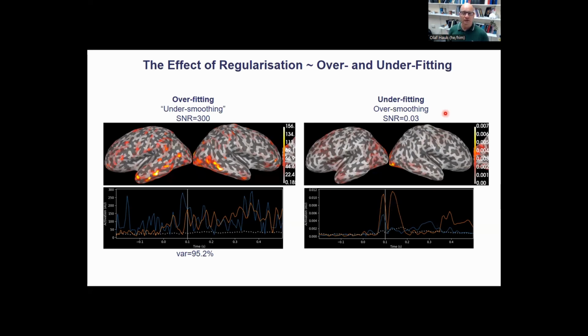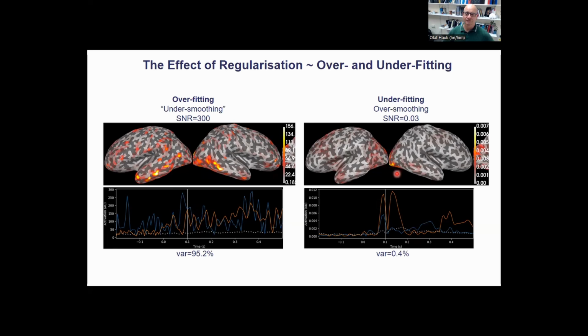But at least, let's maybe just finish this. So here we explained clearly more variance, 95.2% across the whole data set. I'm pretty sure at the peak we would have explained almost 100%. But now we are explaining most of the variance in our data, even though we shouldn't. And in this case, we are actually only explaining 0.4% of our data.